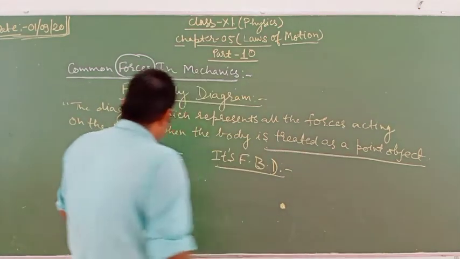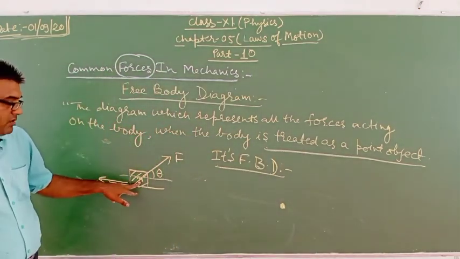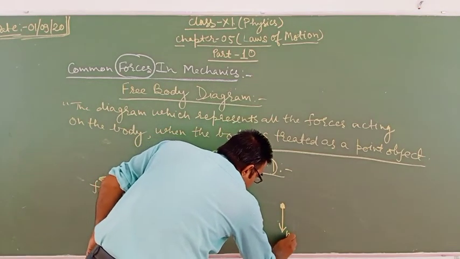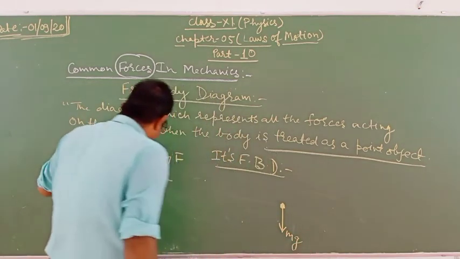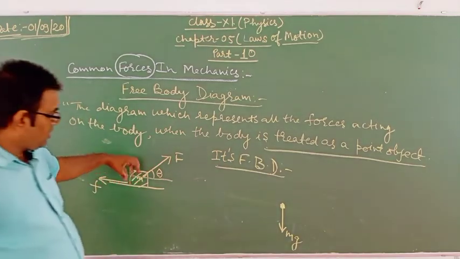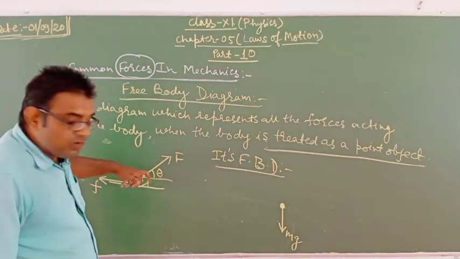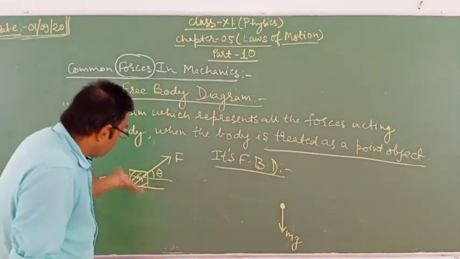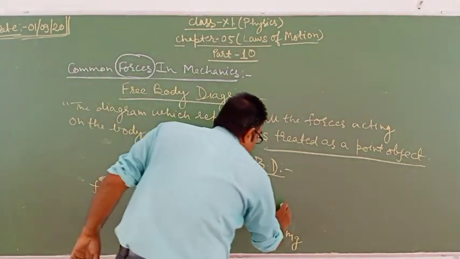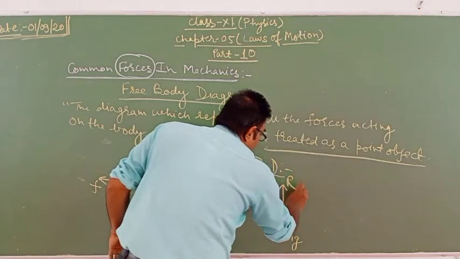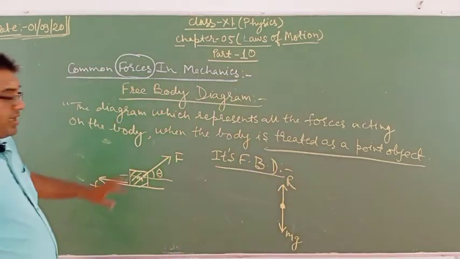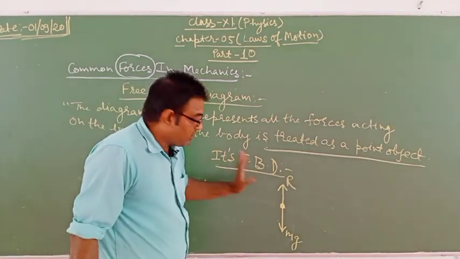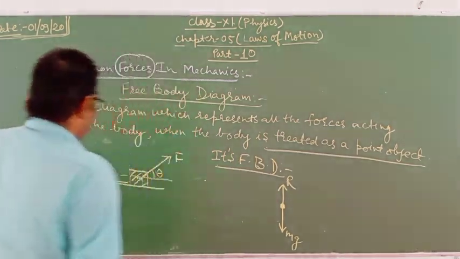The body is of mass m, so its weight is mg, because the object is pulled by the earth due to gravity. According to Newton's third law, this surface also exerts a normal reaction which counterbalances the vertical forces, because there is no vertical motion. So in the vertical direction these forces cancel each other.